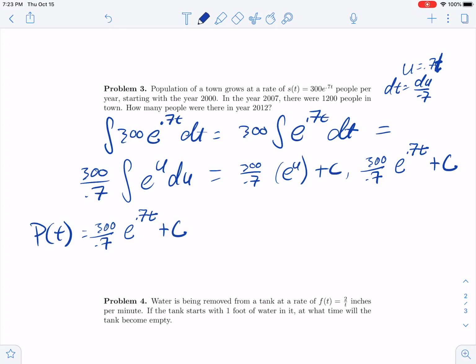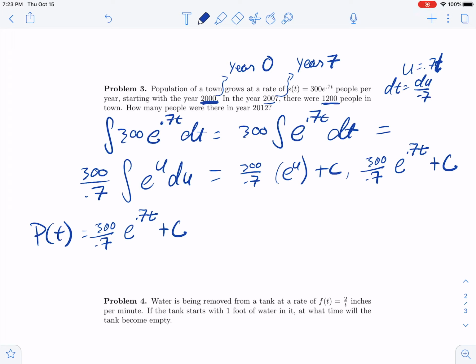So this is a function which starts in the year 2000. So the year 2000, really in this function, is year 0, making 2007 year 7. That's year 7. So in year 7, we know how many people there are in town.